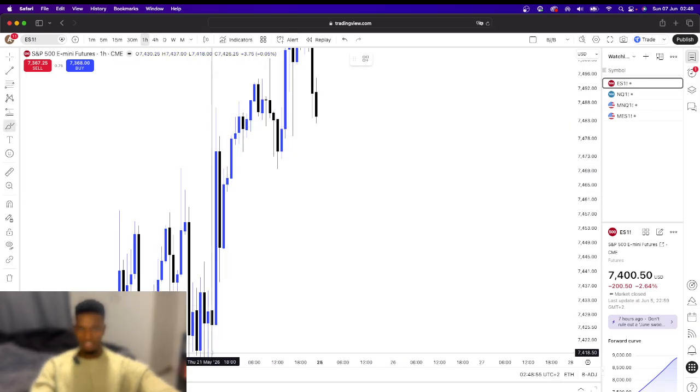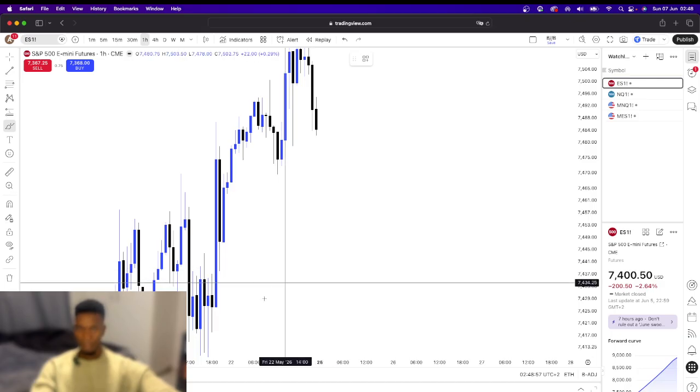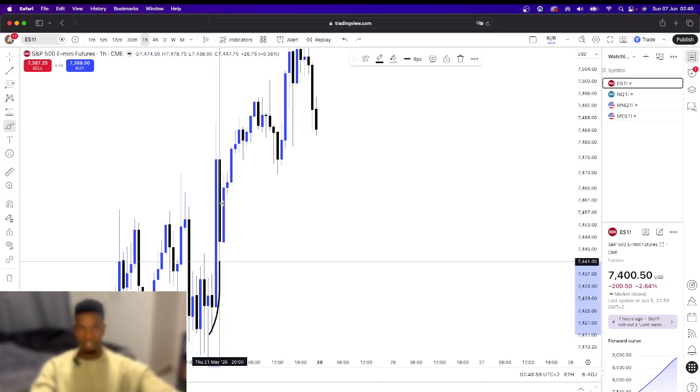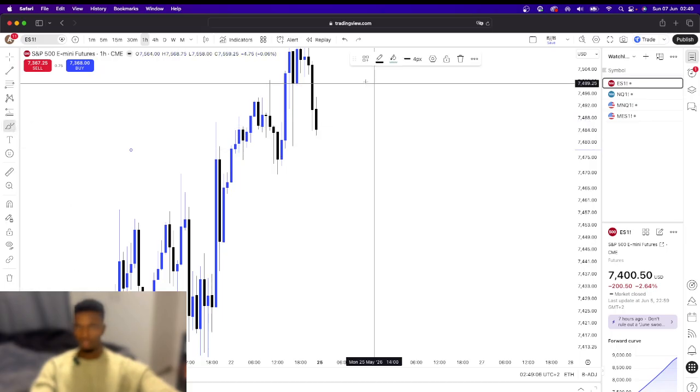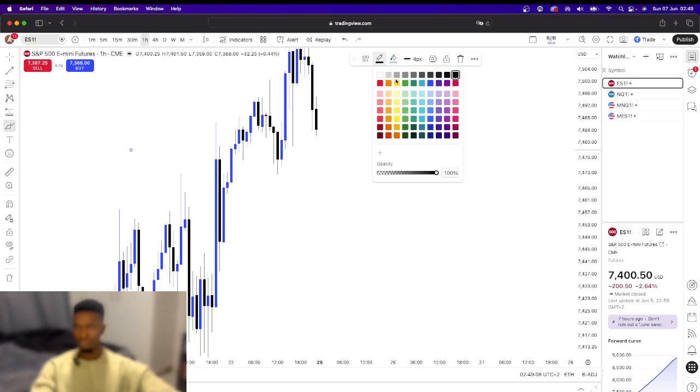We have this low, right? Okay, let me use a different color for our brush.